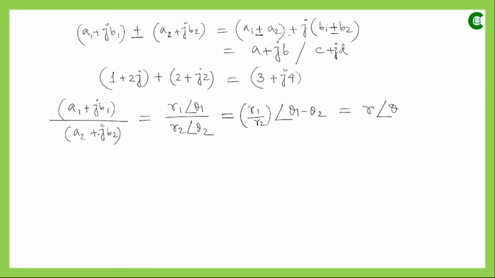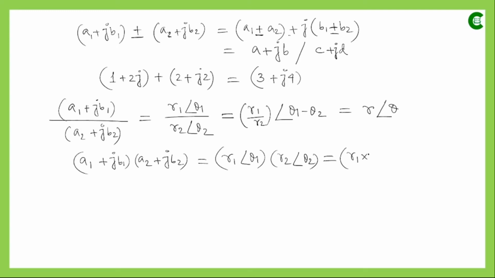Now suppose we want to multiply these two data, a1 plus jb1 and a2 plus jb2. It will again be easier for us if we convert these two into their equivalent polar format. So if they are r1 angle theta 1 and r2 angle theta 2, we simply multiply their r part.